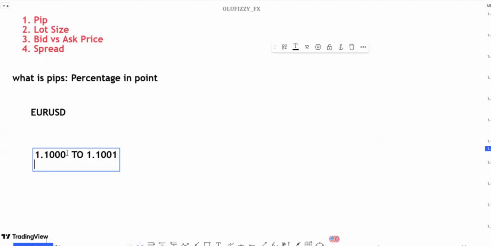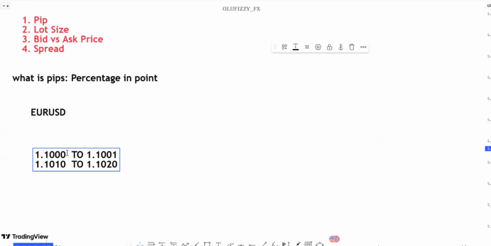And if it moved from 1.1010 to 1.1020, in that case, that means price moved 10 pips.